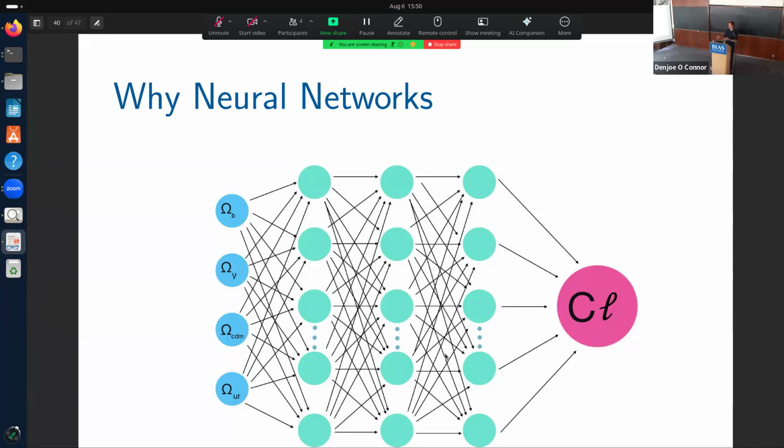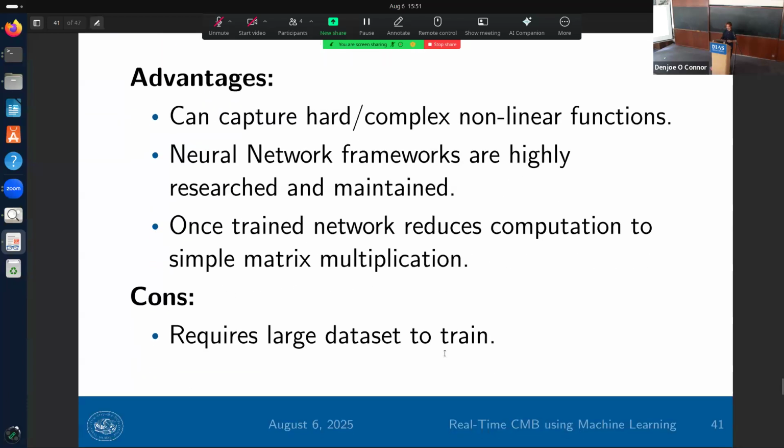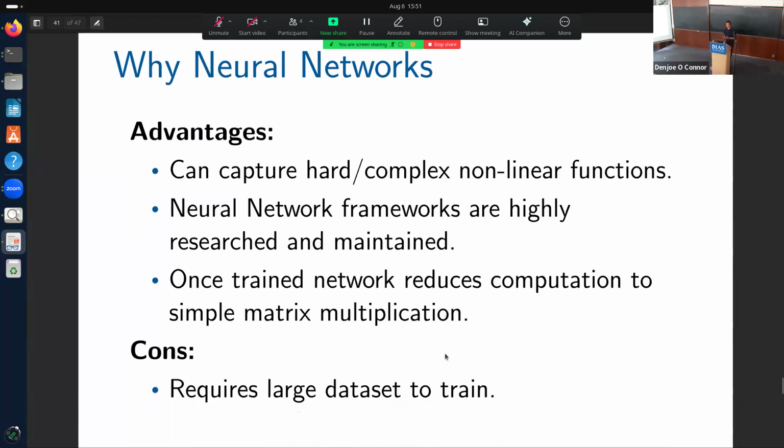If you want more details about how this works, feel free to ask me at the end, but I'm going to skip over the details and tell you about the advantages of using neural networks, which are basically that they can compute hard, complex, nonlinear functions, which is what we want to do here. Otherwise, we have to use numerical integrators that solve 300 coupled ODEs and they take a lot of compute.